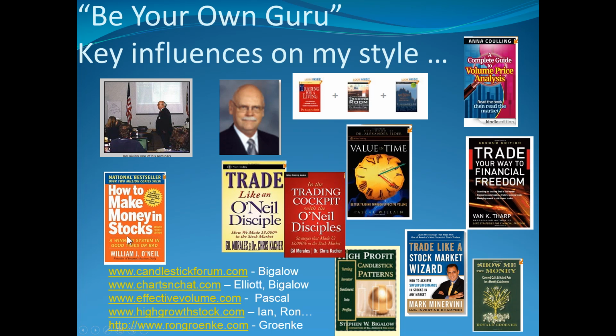The philosophy of CanSlim, which I follow, but the CanSlim on steroids that I learned from Morales and Katcher, the O'Neill disciples, Bible gap ups and pocket pivots come from them. Other things that are important, David Elliott, who I mentioned, who's deceased, many of the things that we're going to talk about, I learned from him, and also John Carter's squeeze.